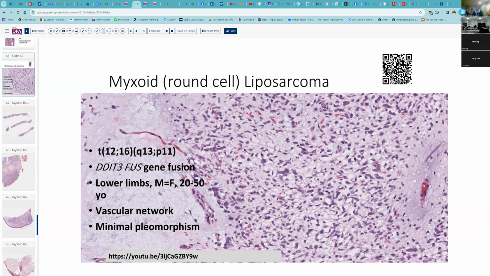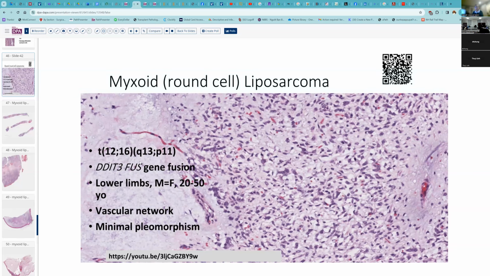Now, not every FISH lab will have this marker, but most FISH labs will have a FUS gene marker because that's a fusion gene partner for Ewing's or several other tumors as well. And so if people are doing FISH testing for gene fusion products, they should have some marker that includes this partner.